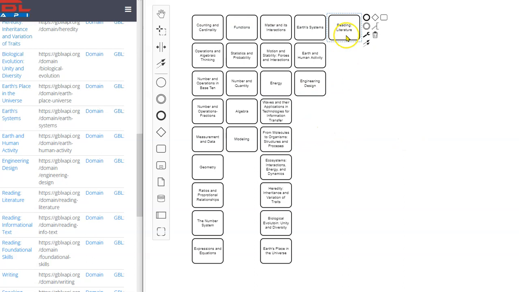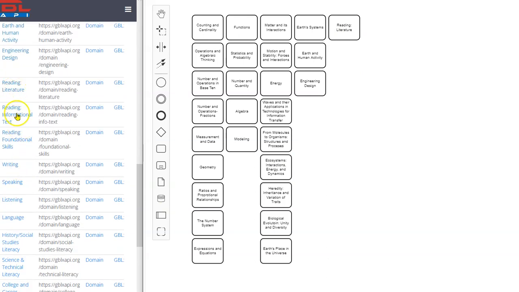I don't know why they didn't separate out the difference between reading and literature, but that's just what this particular author or authors decided to do. Reading, that's the category, subcategory informational text. Reading, foundational skills.